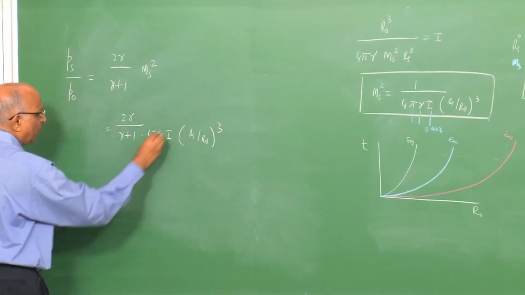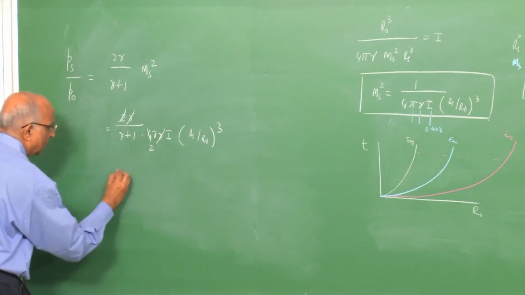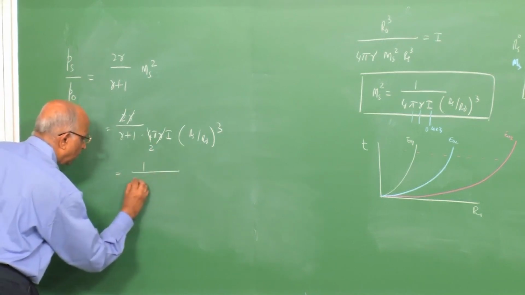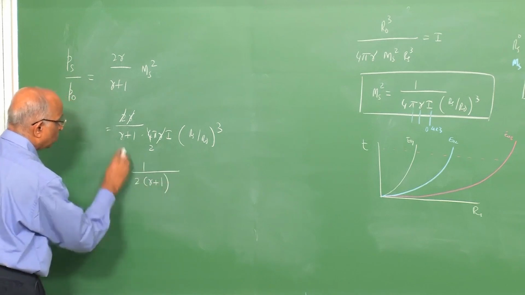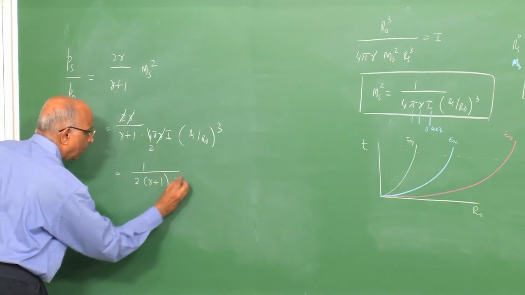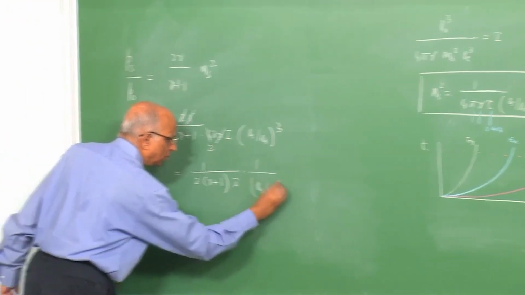Here gamma gets cancelled, and this cancels to giving 2, I get the value as 1 over 2 into gamma plus 1, into I into 1 over Rs by R naught cube.